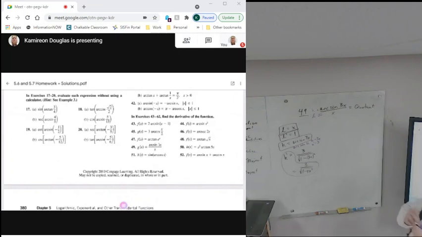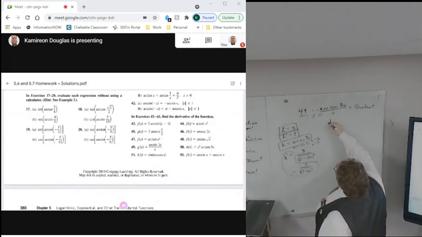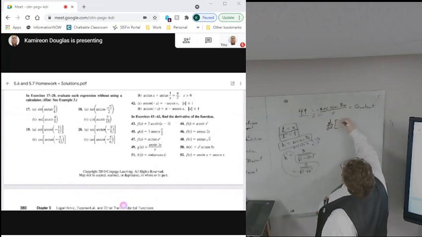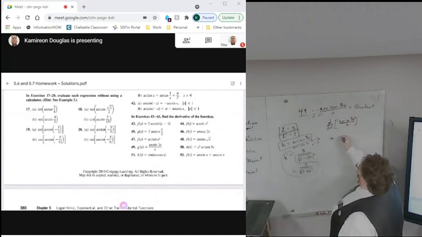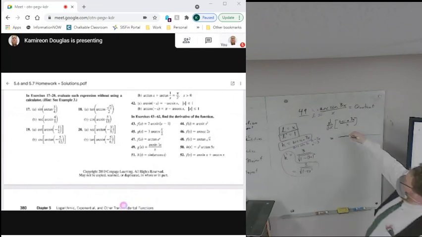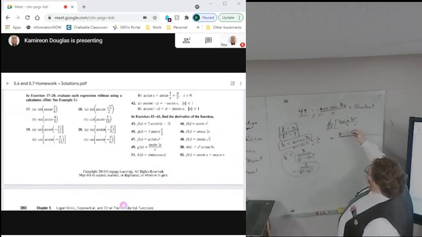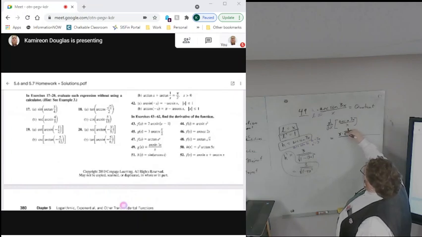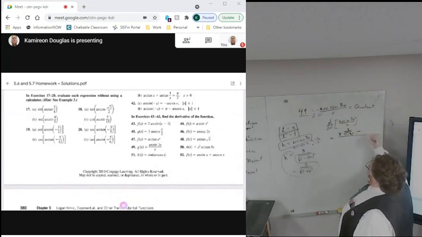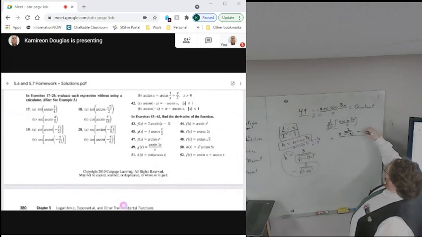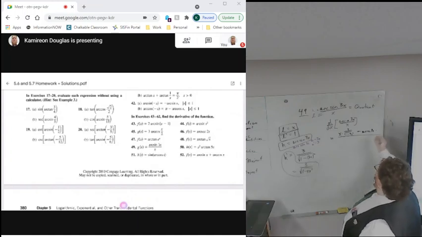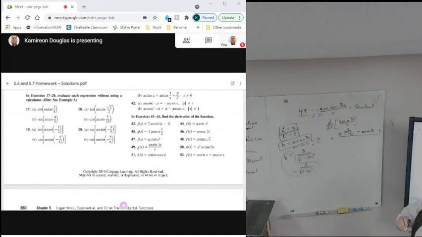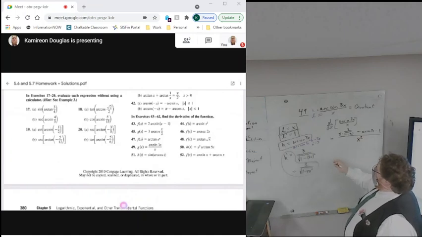The quotient rule says to find the derivative with respect to x of arc sine of 3x over x, this is going to be equal to, big fraction, low x d high, so that's 3 over the square root of 1 minus 9x squared, minus high, arc sine of 3x, d low, which is 1, over the square of what's below, x squared.